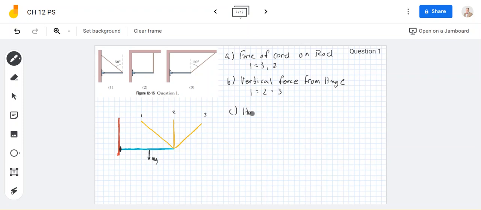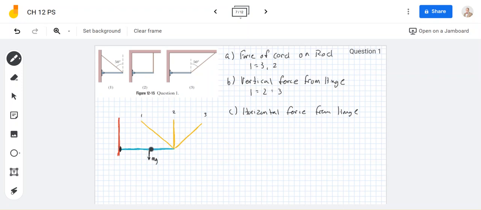C says, what about the horizontal force? In this case, 2 has no horizontal force at all because this cord is only pulling up, so the hinge doesn't have to make any left or right forces at all. And since we have the same kind of symmetry, this one pulls up and out, this one pulls up and in, and so what's funny is because this one pulls up and in, the hinge would have to push out.